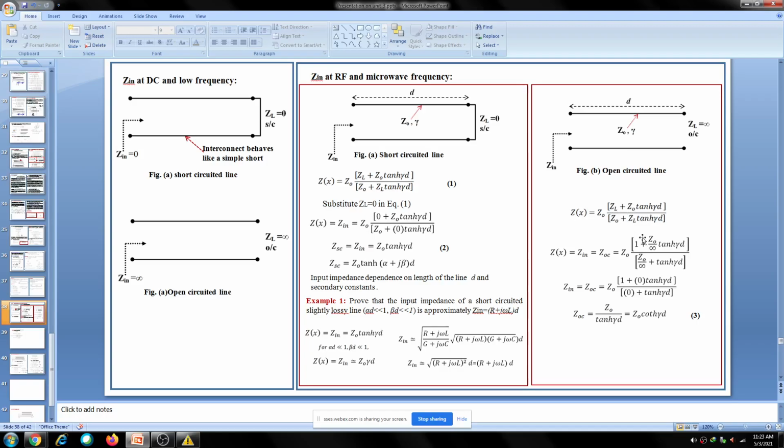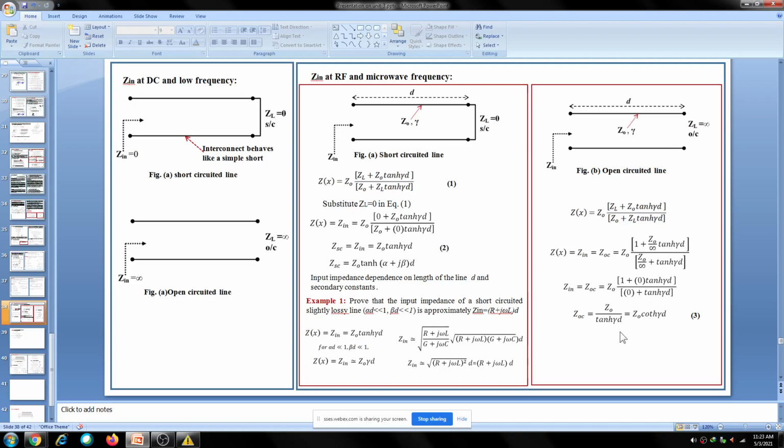That is the wrong way of doing it. What we have to do is take ZL outside, here also ZL outside, then ZL by ZL cancels. What remains is Z0 divided by ZL. Then you substitute ZL equal to infinity, and we get Z0 cot hyperbolic gamma d.